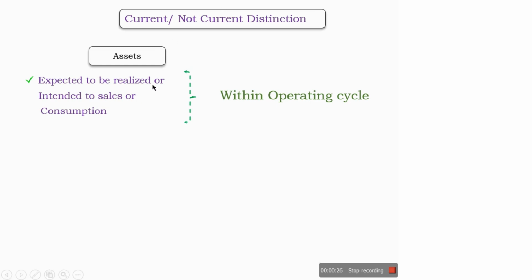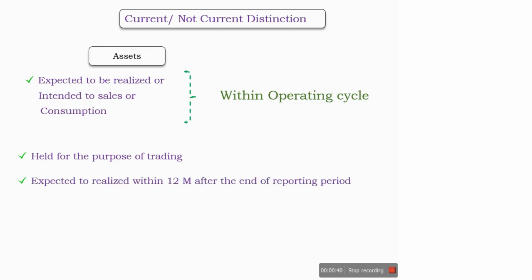If the asset is to be realized, sold or used within the operating cycle, it will be classified as a current asset. And if it is held for the purpose of trading, it will be classified as a current asset. And if it is expected to be realized within 12 months from the end of the reporting period, in that case also it will be classified as a current asset.